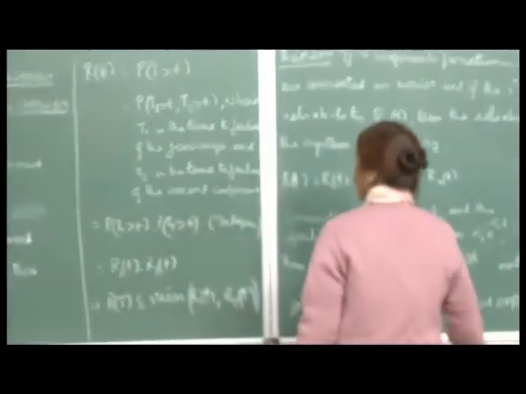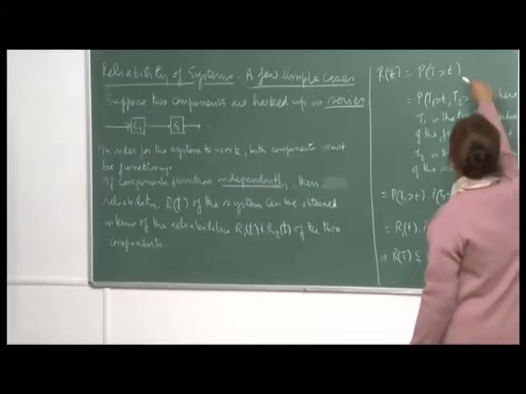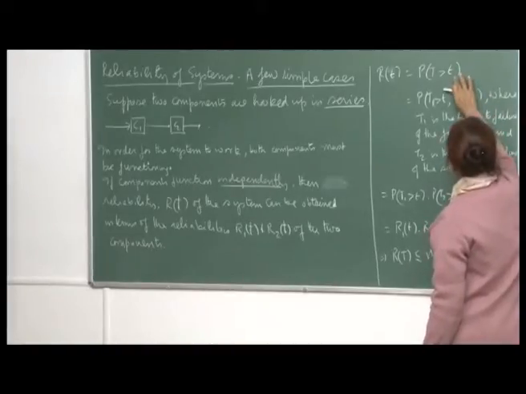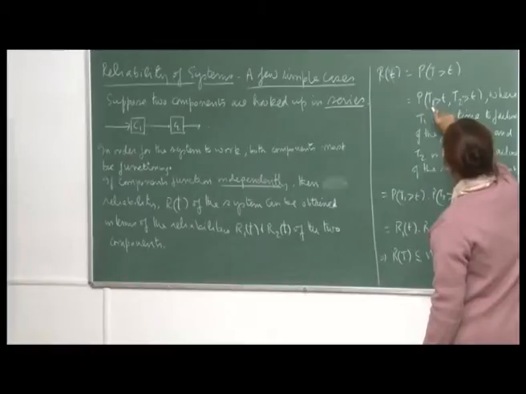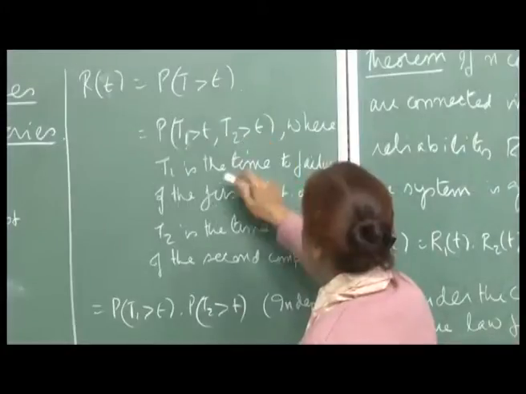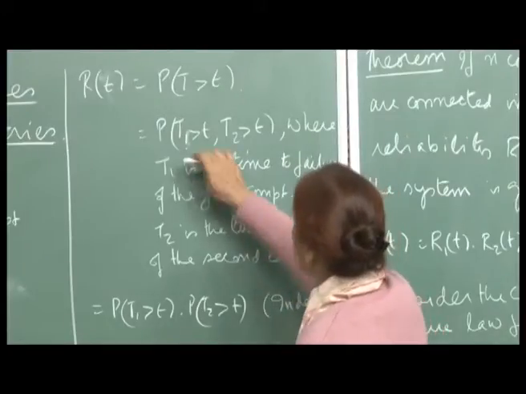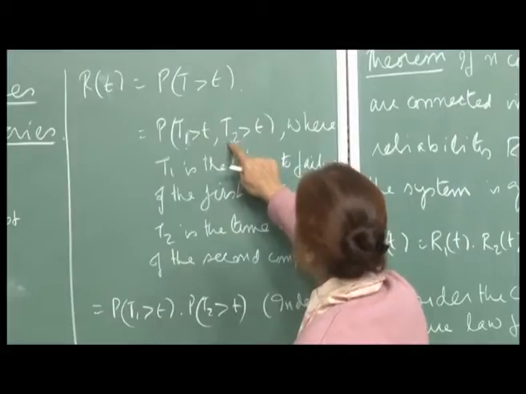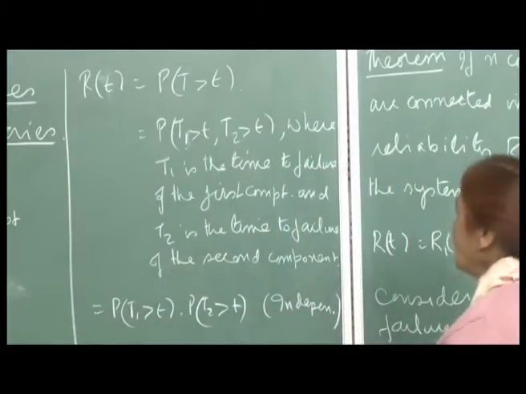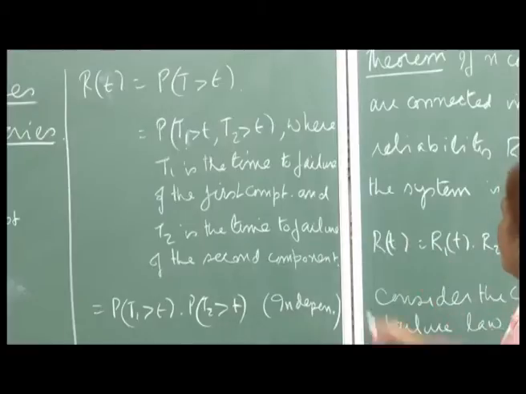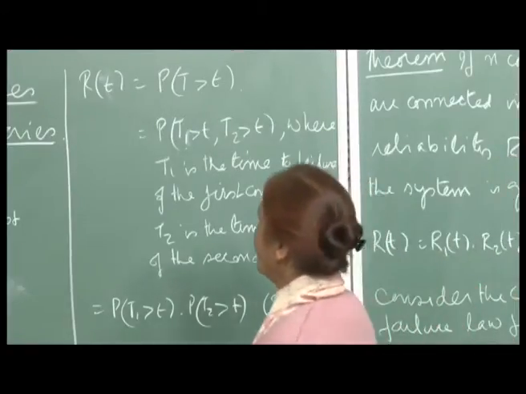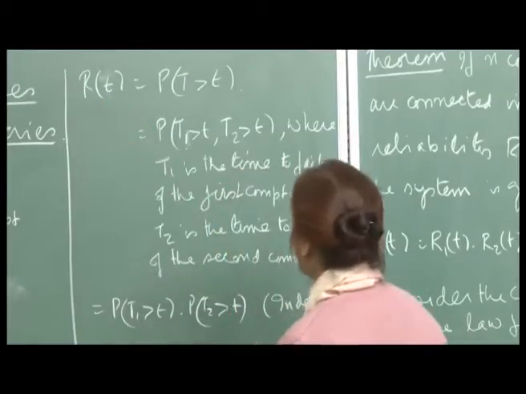We have already done it so many times. Here you are asking for the probability that T is greater than t. T1 is the lifetime of the first component and T2 is the lifetime of the second component. Then we are asking for the probability T1 greater than t and T2 greater than t; both must be functioning up to time t for the system's functioning time to be greater than or equal to t.